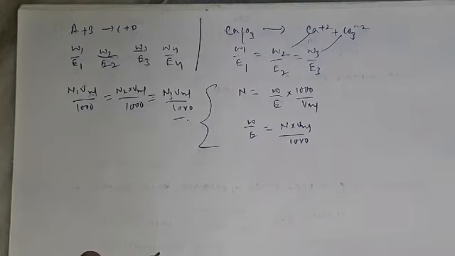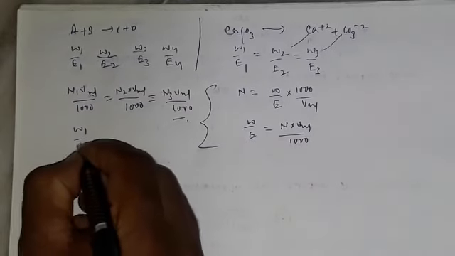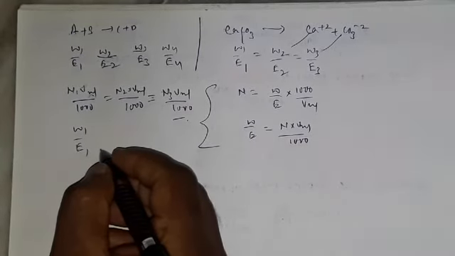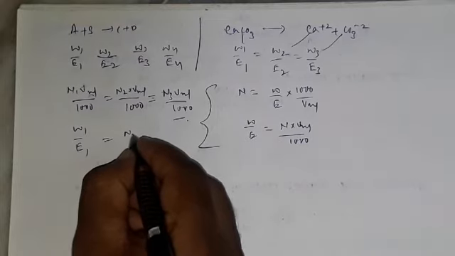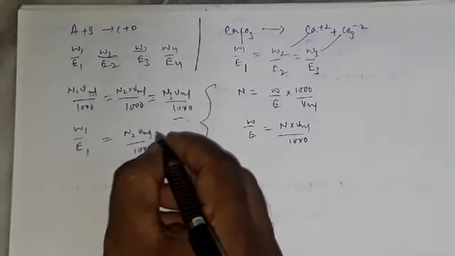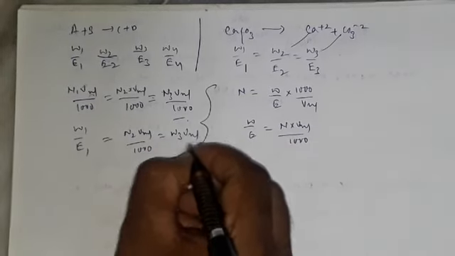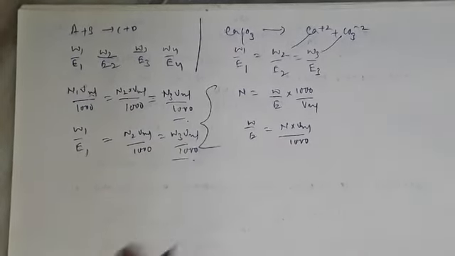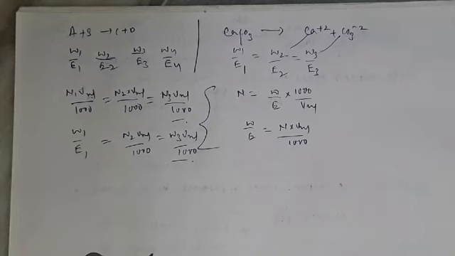So you can write W1 by E1 equals N2 V2 by 1000, and same with N3 V3 by 1000. So you can relate all these things.